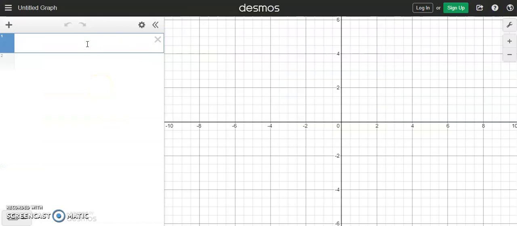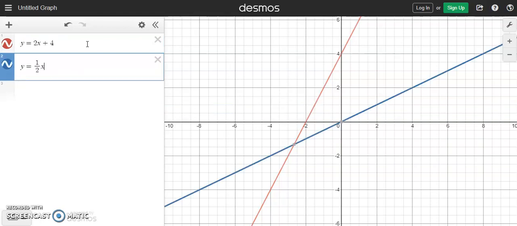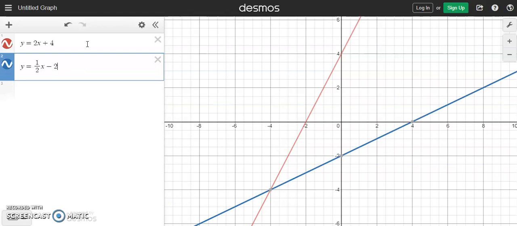All right, so we know that we were given the line y equals 2x plus 4, and we got that our inverse was 1/2 x minus 2.